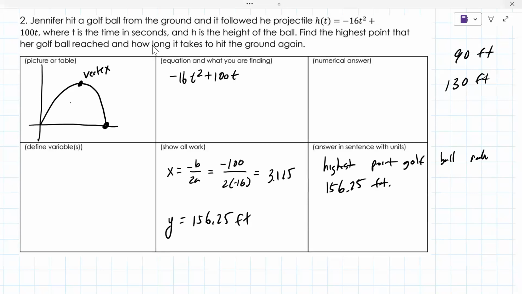Okay, now this next one, how long does it take to reach the ground again, that's setting the equation equal to 0. Equal to 0, you would get 16t squared plus 100t equals 0.